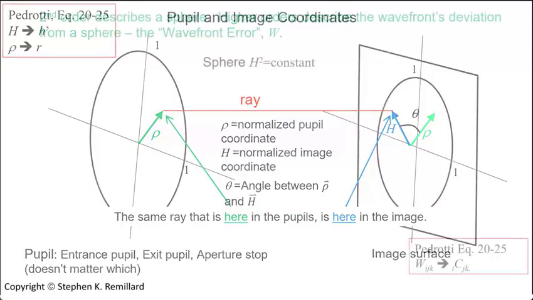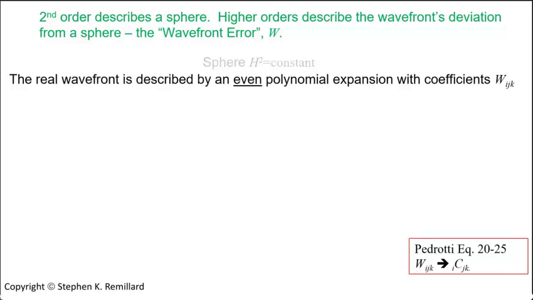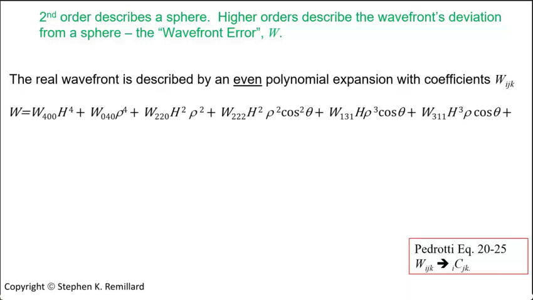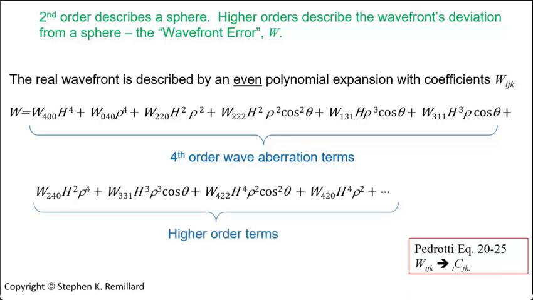Now, an ideal wavefront, being spherical, is described by a second-order polynomial proportional to h squared. But the real wavefront is described using an even-order polynomial in h, ρ, and cosine theta. This is the function that's going to guide my discussion here. Since the real sphere is second order, the deviations are fourth order, or sixth order, or higher.